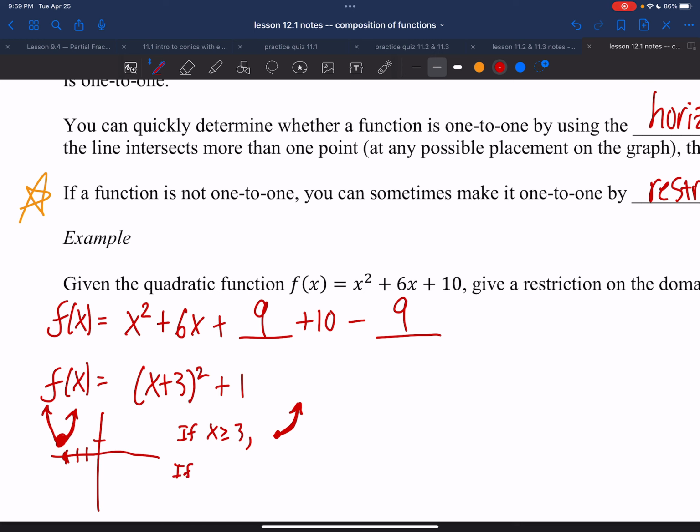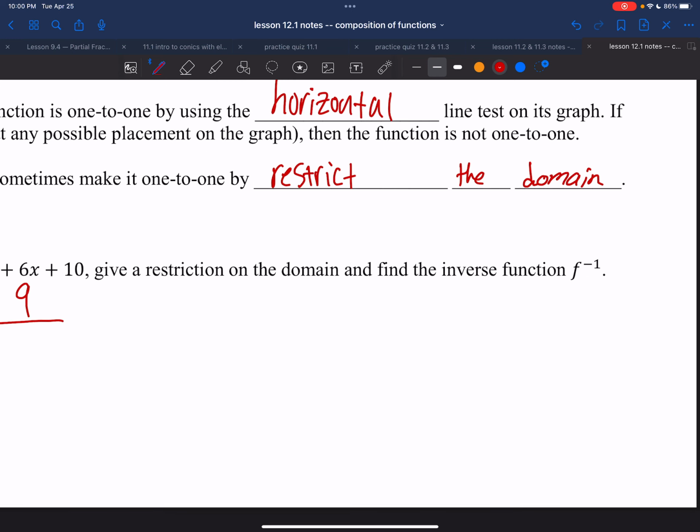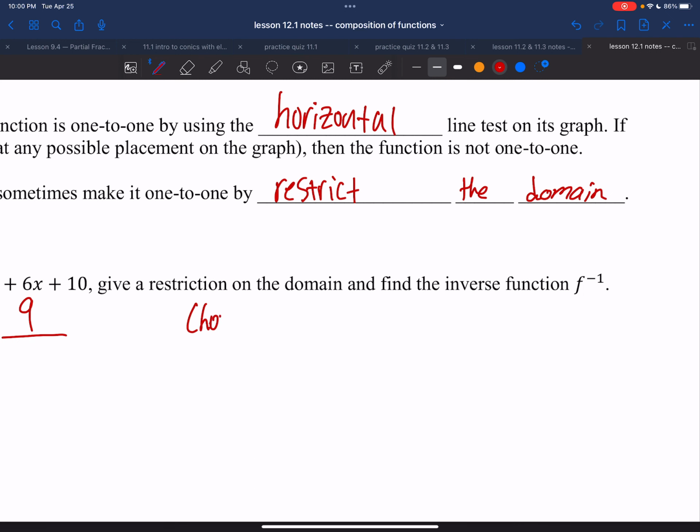If x is less than or equal to, sorry, negative 3, then that would be the left leg of the parabola. So it's actually up to you to choose which leg you want. I'm going to choose the right leg, so choose x is greater than negative 3 as the domain restriction.